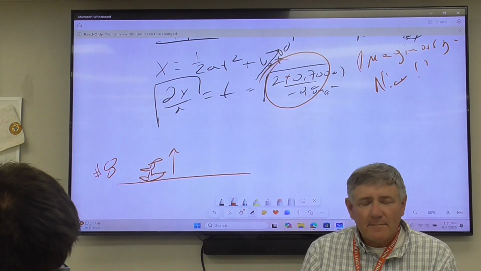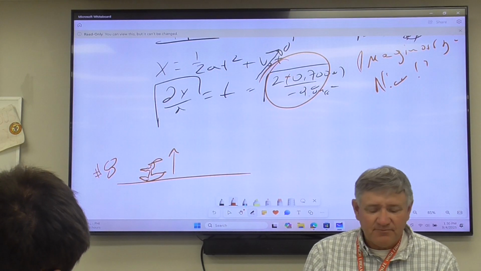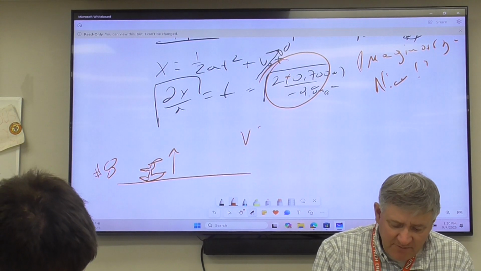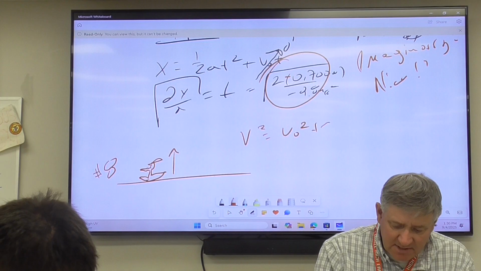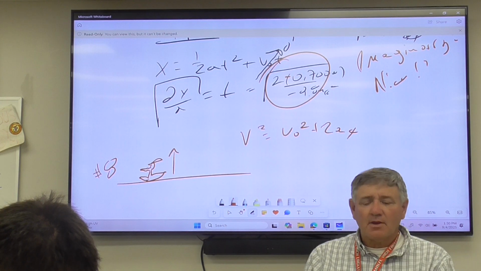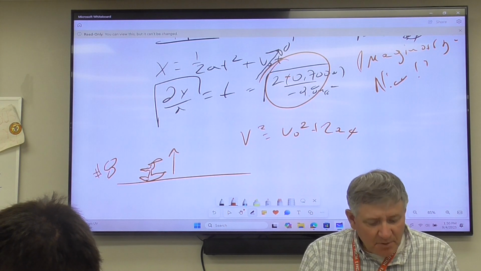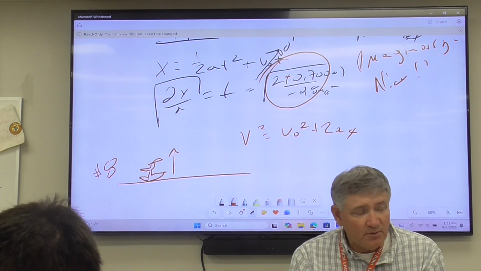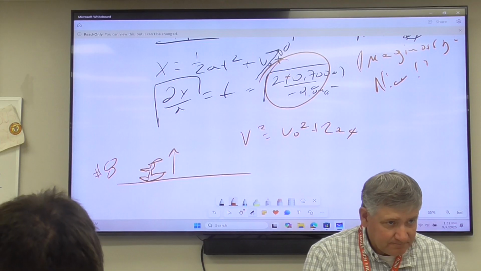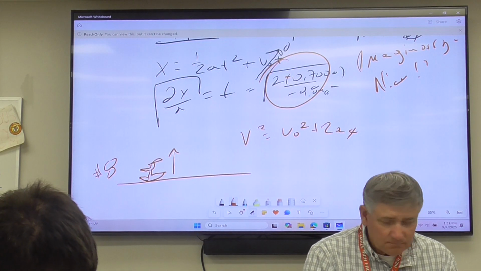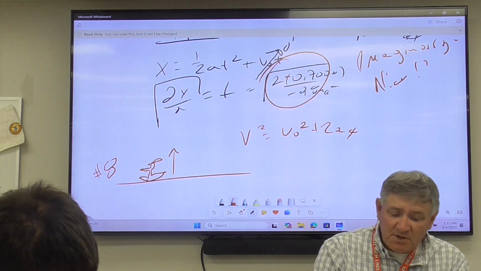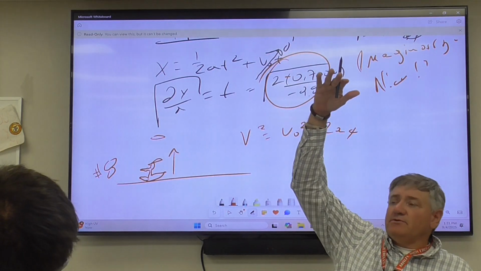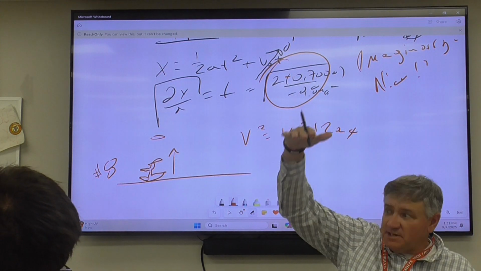Now, here's the difference. If you look at v squared equals v naught squared plus 2ax, in this particular problem, what are you solving for? The initial velocity or the final velocity? Initial. Because what's the final velocity of the kangaroo at its highest point? 0.